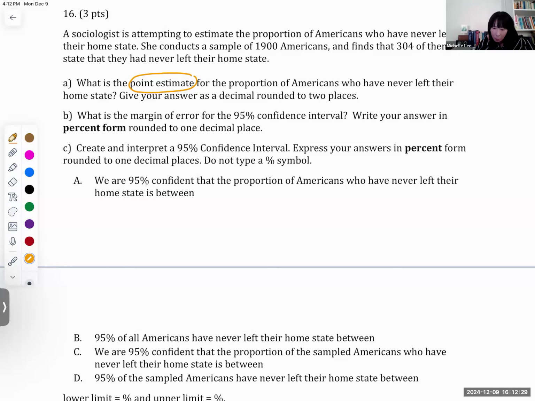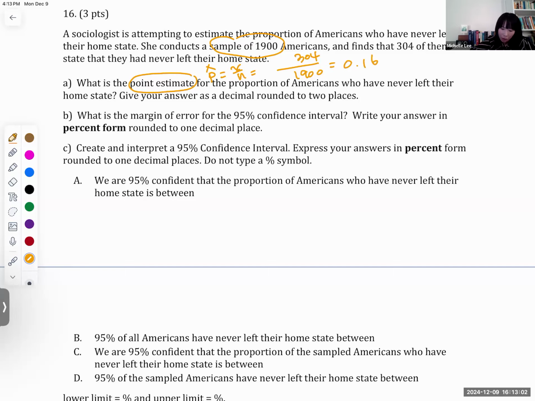Point estimate is 0.16. How did you get that? Point estimate is p hat, x over n, right? So sample size is 1900, and number of successes is 304. That's how you got it. Very good, excellent, 304 over 1900, which is 0.16.